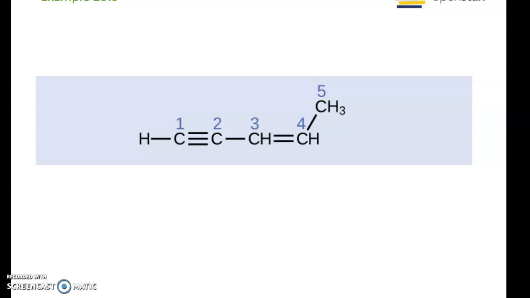I don't think you'll find that in your textbook, but that's a special one. I just thought it was interesting to look at. So this one right here, you start with the name, and so this would be 3-penten-1-yne. You can see how they have the alkene-yne name to them, and it's called that way because the alkene goes first in the name. So this would be 3-pentene, P-E-N-T-E-N, 1-yne, Y-N-E. Okay?